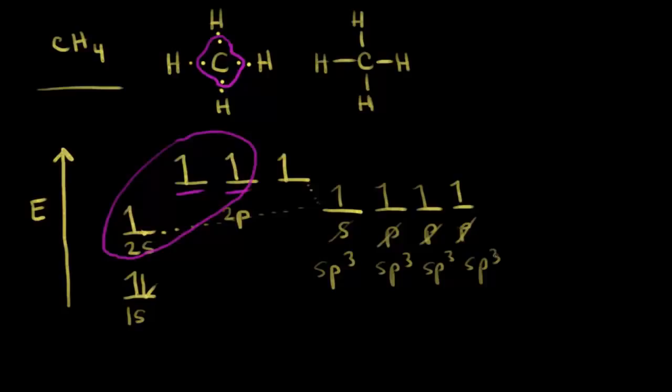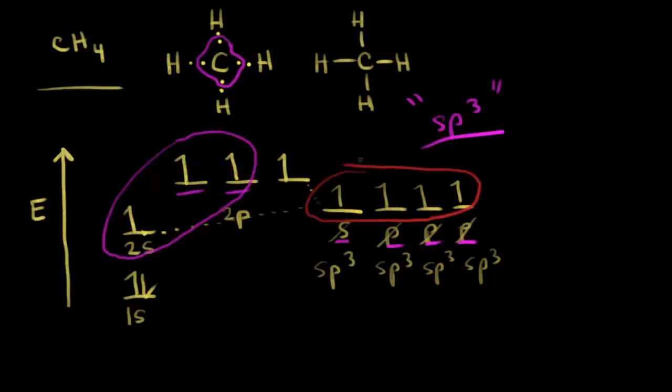And since we're doing this using 1 s orbital and 3 p orbitals, we call this sp3 hybridization. We create 4 new hybrid orbitals. And now we have what we're looking for, because now we have 4 unpaired electrons. So carbon can form 4 bonds now, and they're equal in energy. So that's the idea of hybridization.